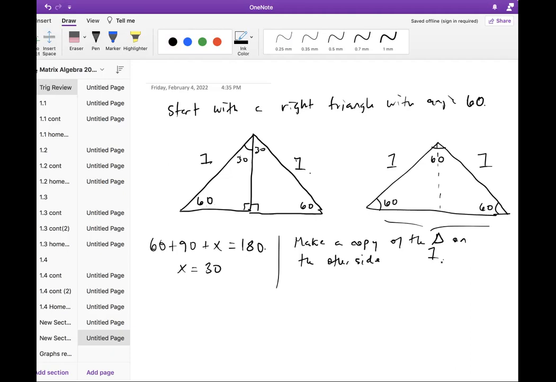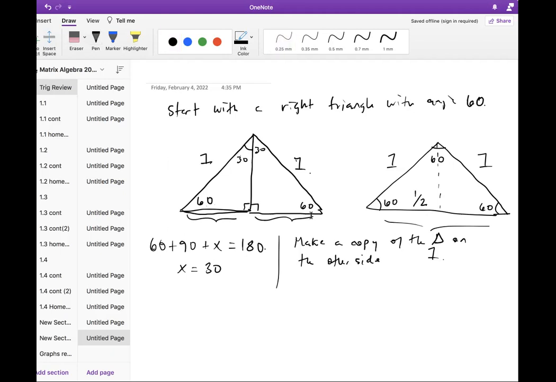So what does that tell us immediately? Well, that tells us that this side must have been 1/2. There's no other choice, right? And why is that? Because if I'm reflecting this triangle, this side must equal this side. I'm not changing that length.